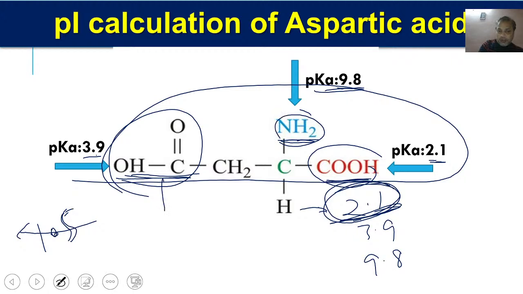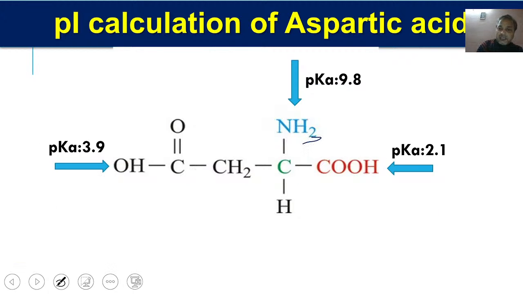So this group can donate H plus, so it is going to be negative charge. This is also going to donate H plus, so it is also going to be negative charge. This is going to accept positive charge, so it can accept H plus. So the most protonated form of this amino acid is when this NH3 has a positive charge.